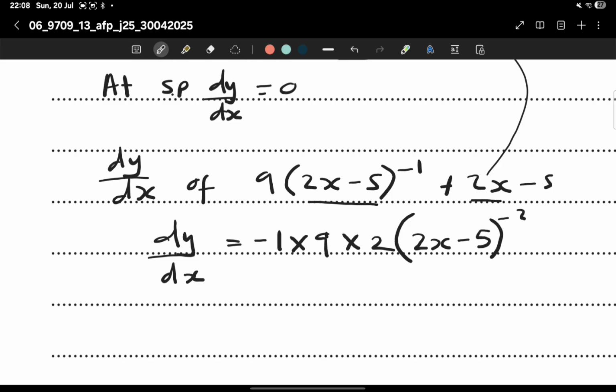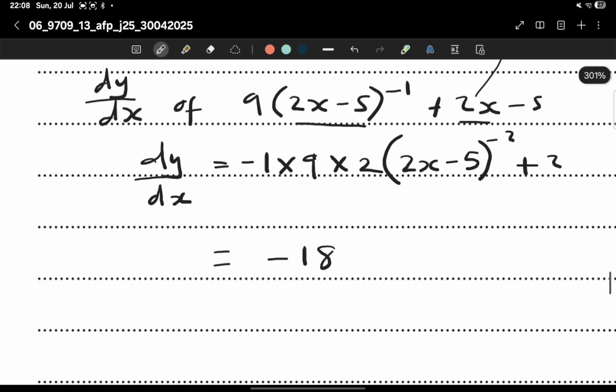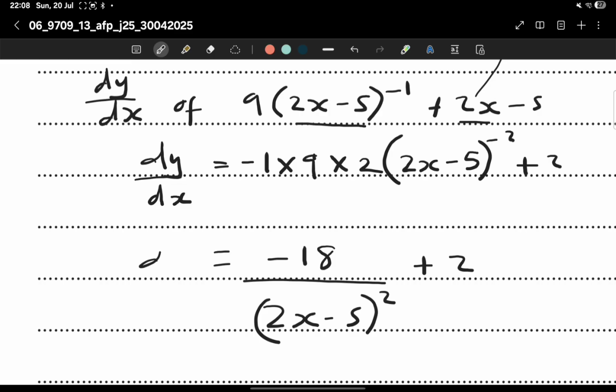Then for this we'll get 2. So this will give us minus 18 over (2x minus 5) to the power 2 plus 2. So this is the expression for our gradient.